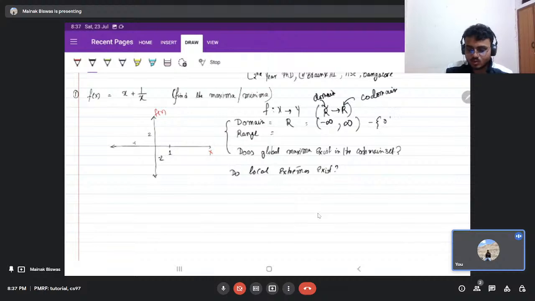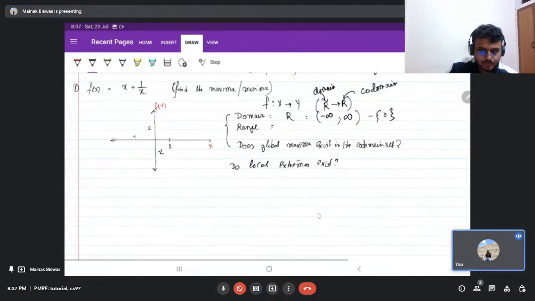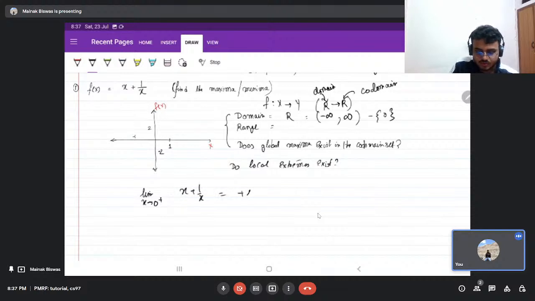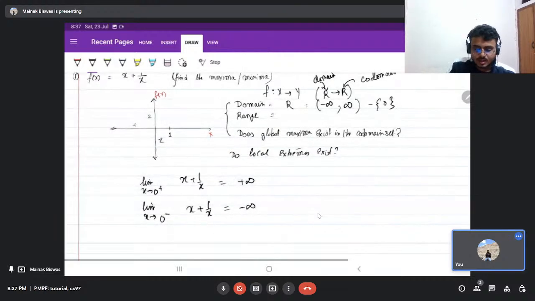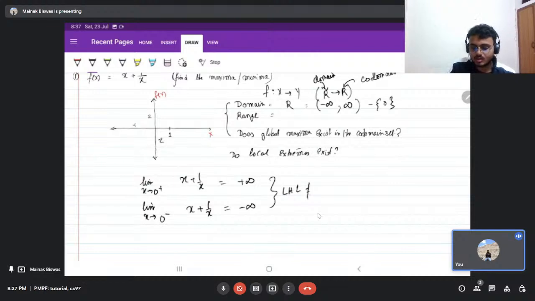and we leave out 0 because the limit does not exist at 0. So you can clearly see limit x tends to 0 plus of x plus 1 over x is positive infinity, and limit x tends to 0 minus of x plus 1 over x is negative infinity. So the left hand limit is not equal to the right hand limit.